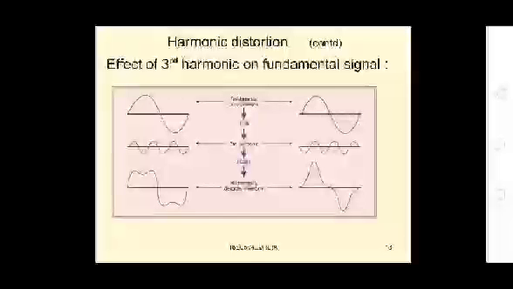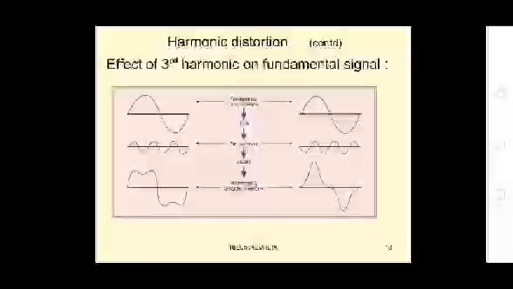The actual waveform is this top waveform, and you are adding the third harmonic. Then your input looks like this, and your output looks like this one. So input and output change completely due to the presence of harmonics.